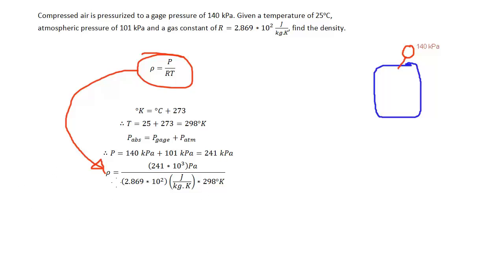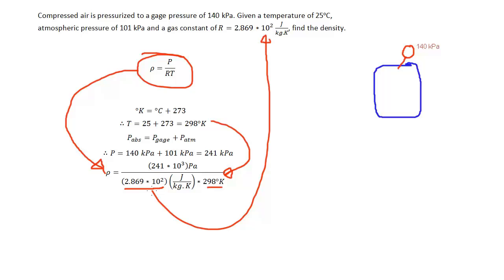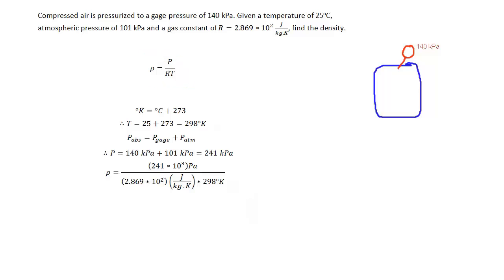And other than that, these two values can be substituted in from what we've already got here. And finally, that comes out to our density is equal to 2.82 kilograms per meter cubed.